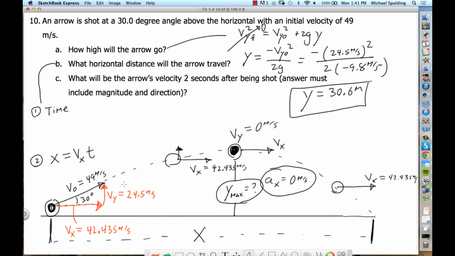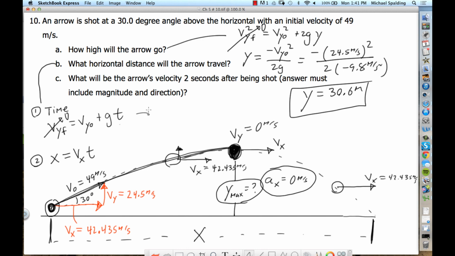Well, what I like to do is solve for the time up. If you can find the time up, what do we know about time up compared to time down? They're the same. So let's solve for what time up is. Using this equation, Vy final equals Vy initial plus gt. What is the y velocity at the tippy top? 0.